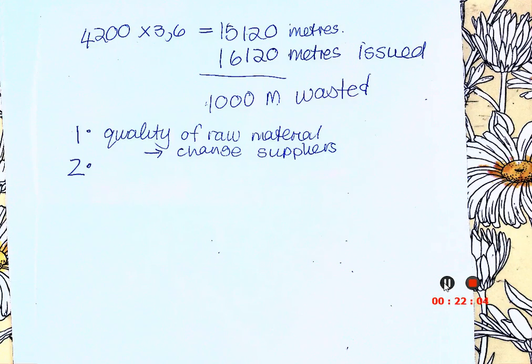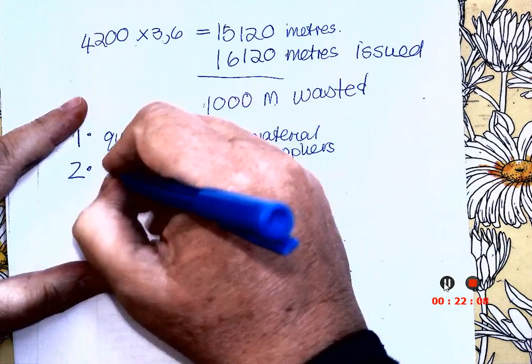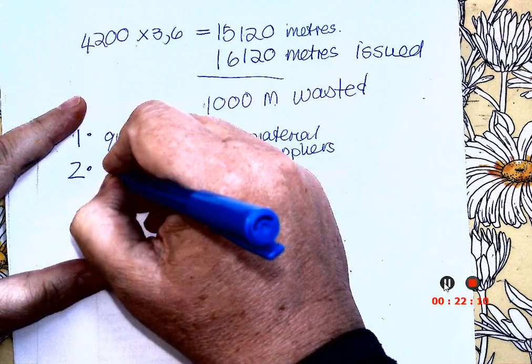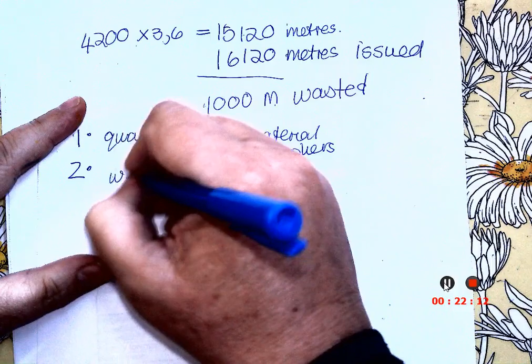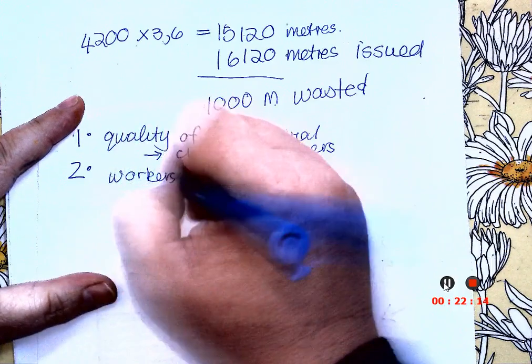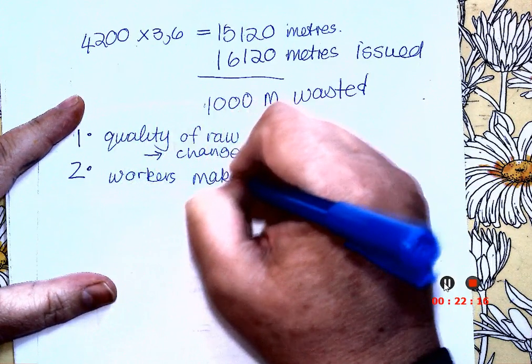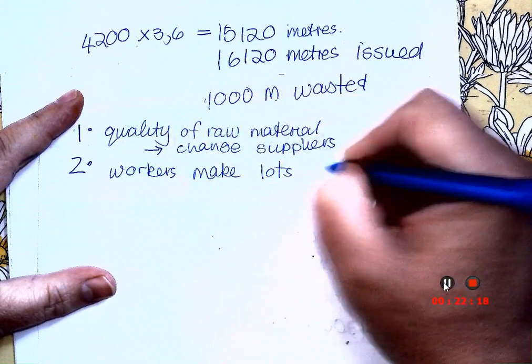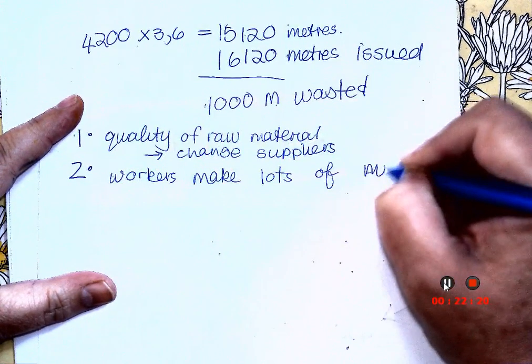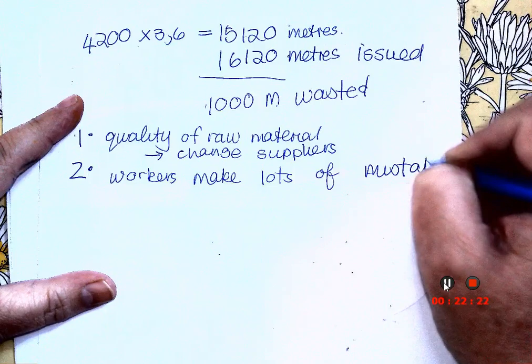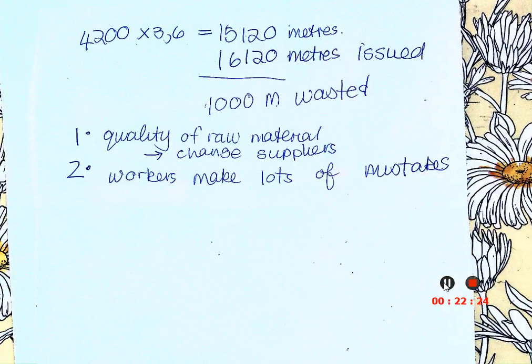Or the other one that I think we can say is workers make lots of mistakes. So in other words, they cut, for instance, 2 left legs instead of 1 left and 1 right leg. So now they have to recut it.